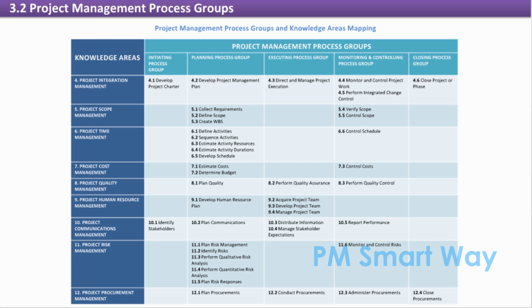The integration management knowledge area also contains some of the most important, broadly based project processes: develop project charter, develop preliminary scope statement, develop project management plan, direct and manage project execution, and monitor and control project work.